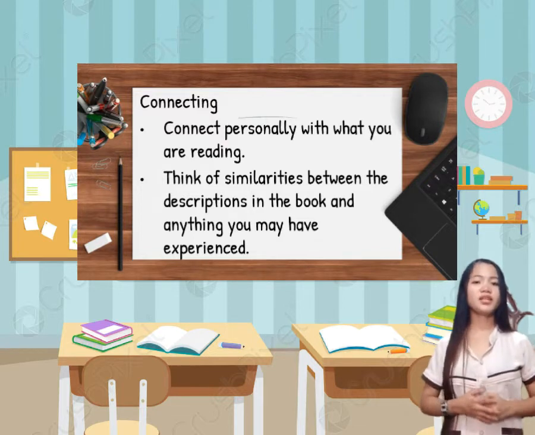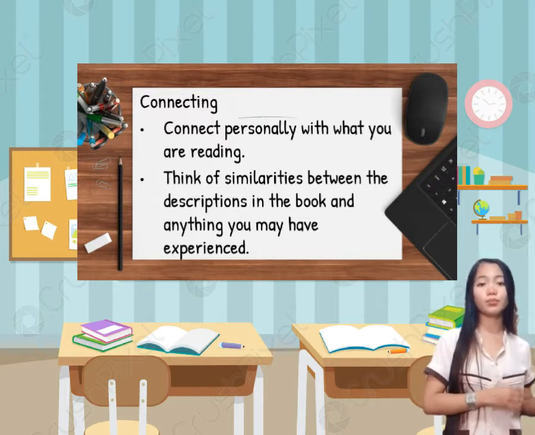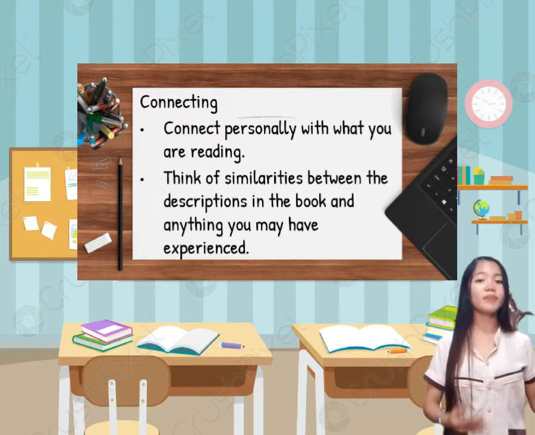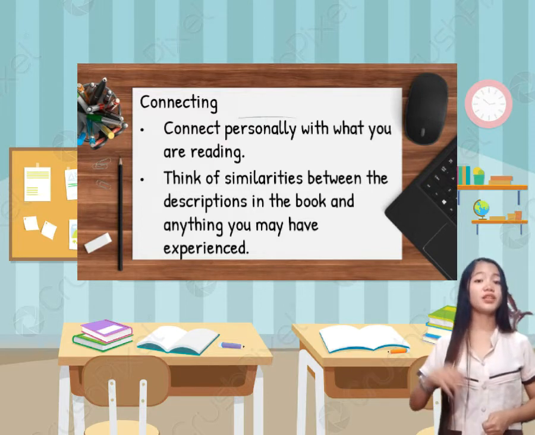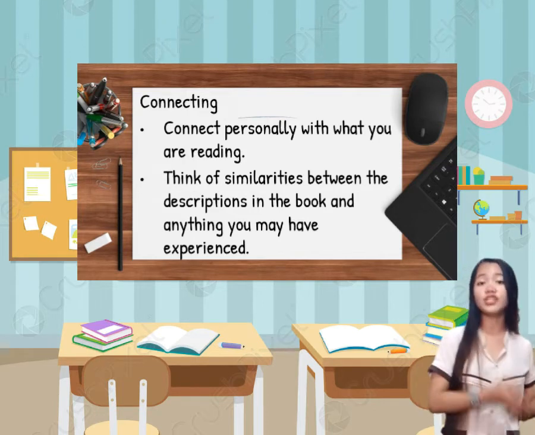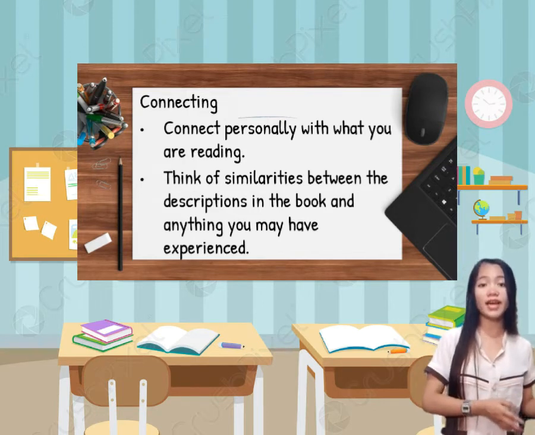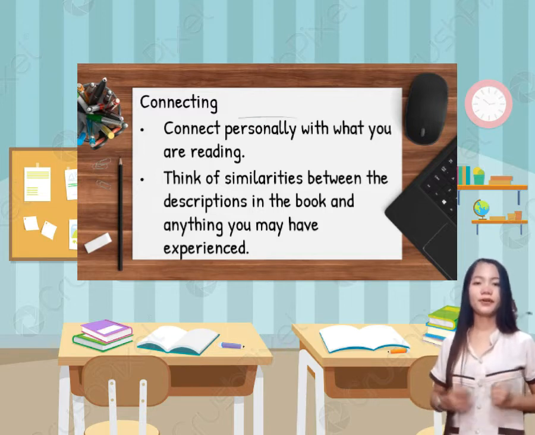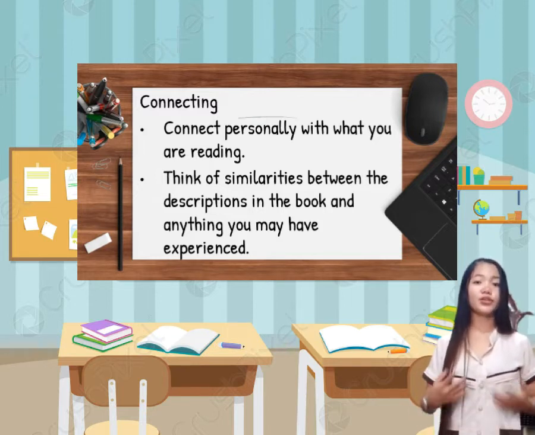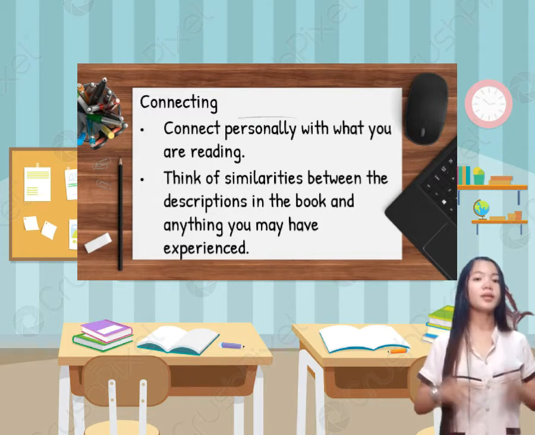Think of similarities between the descriptions in the book and anything you may have experienced. You need to think of similarities between the descriptions in the reading selection and what you have personally experienced, heard about, or read about before.